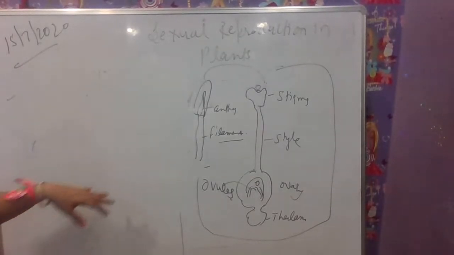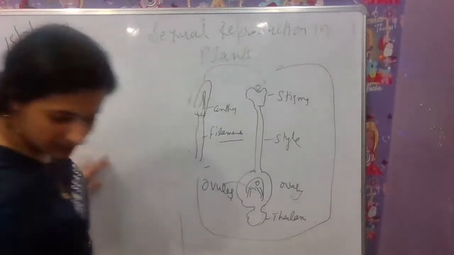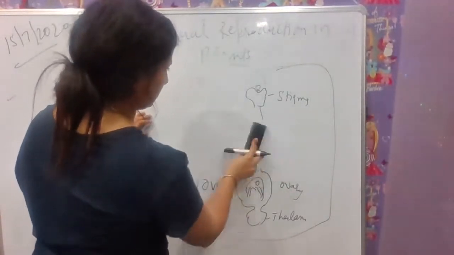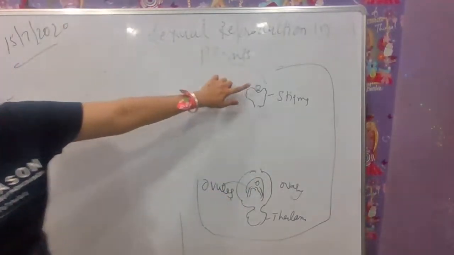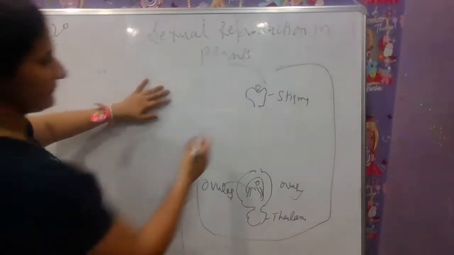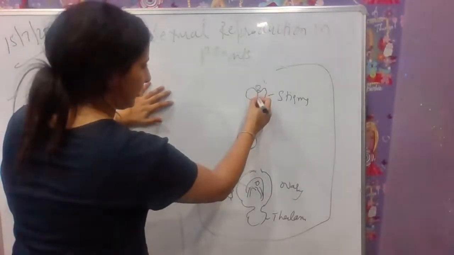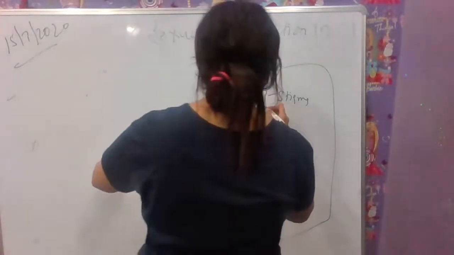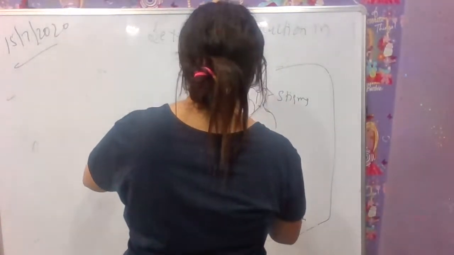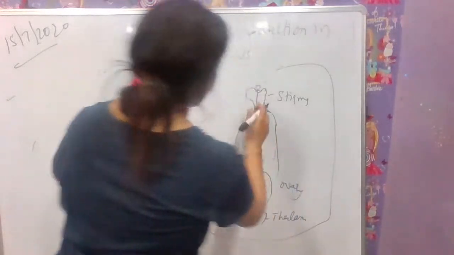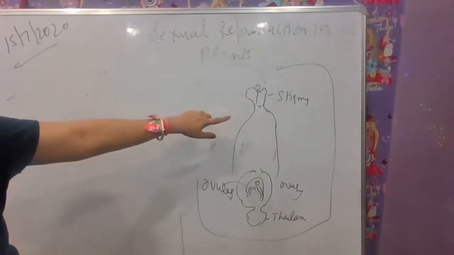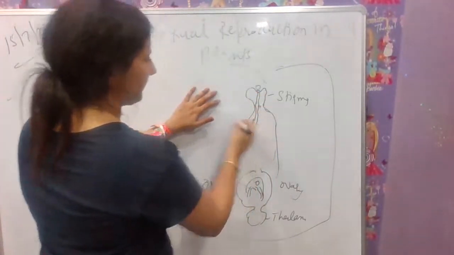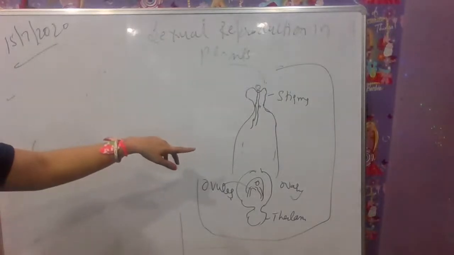Then it grows. Let me just draw the diagram. Here these pollen grains grow along with a tube.